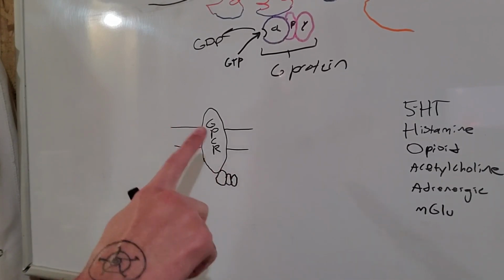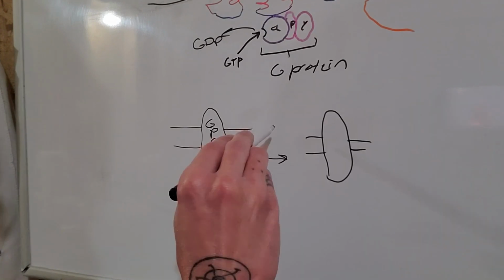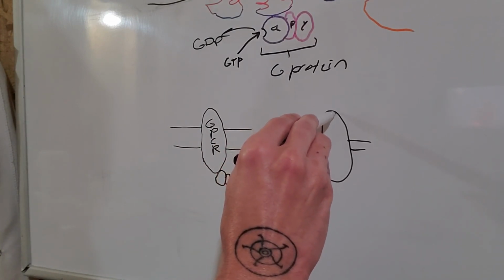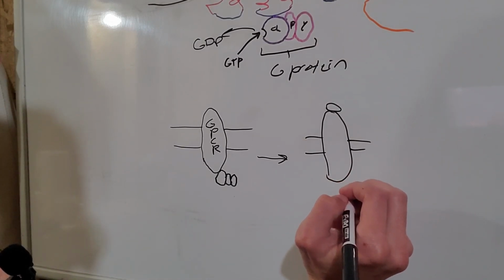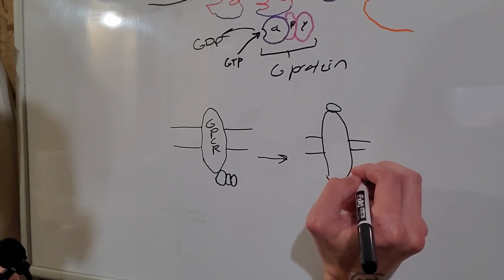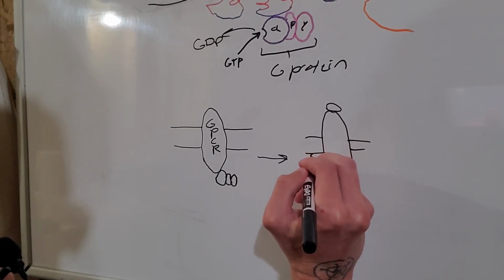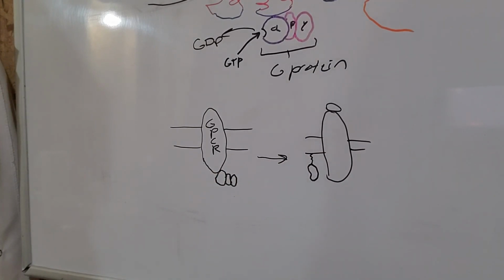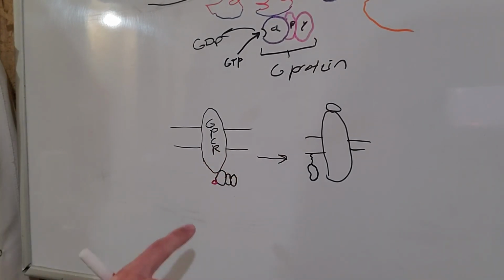So this is the unbound G protein coupled receptor with the G protein here. Now let's say we have a ligand, an extracellular signaling molecule, bind to an active site there. What that does is it causes the alpha subunit... and I'll just illustrate the GDP as pink here.